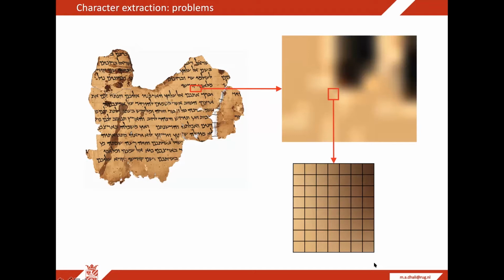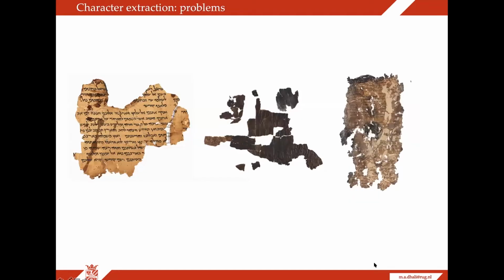Even for human eyes, you see the big image, you read the characters. But when you go to pixel level, you don't know which pixel is background, which is the ink, and where the separation is coming. Then think about all the different things we have in the DSS collection. So it makes it a really complicated and difficult problem, all in all.